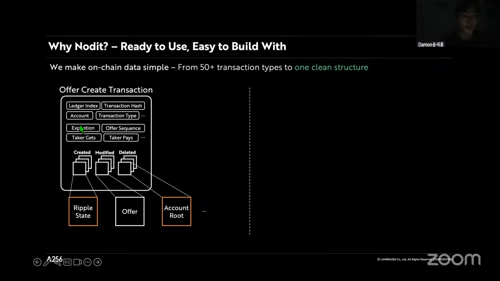And also there are a bunch of states, the ledger entry nodes, which means the result of the state changes. But we are focusing on the token balance changes.